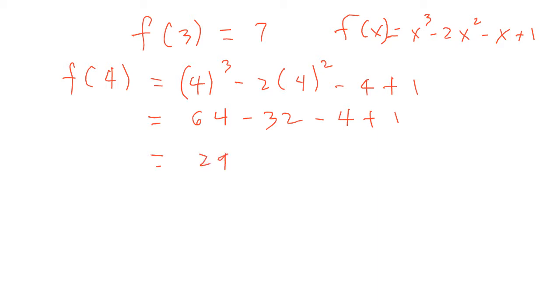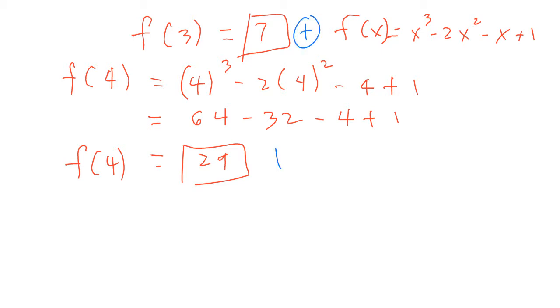So as you can see here, our f of 4 is 29, and we have 7 for f of 3. So if you apply the theorem, this is a plus sign and a plus, there's no opposite sign here.